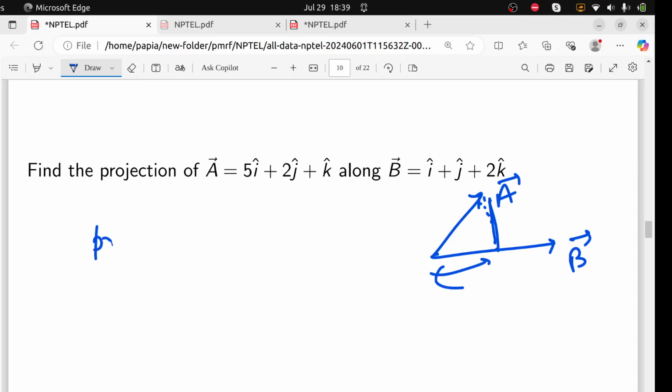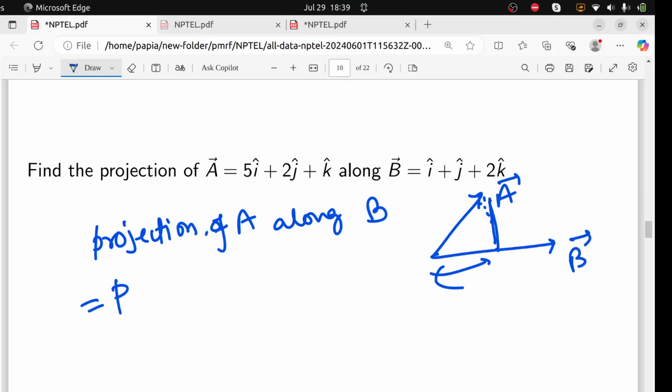So the projection of A along B, it can be written as projection of A on B or along B. That will be like A, then projection is there, right?